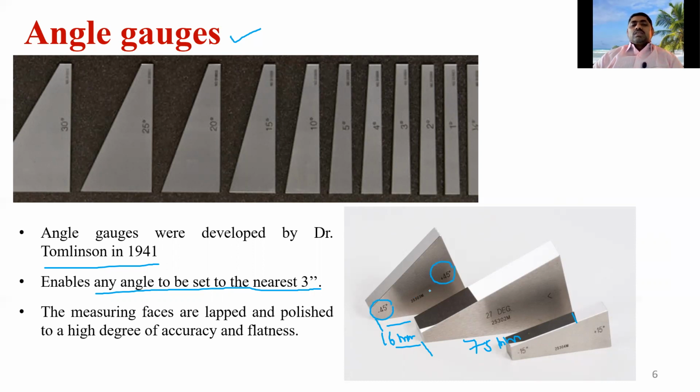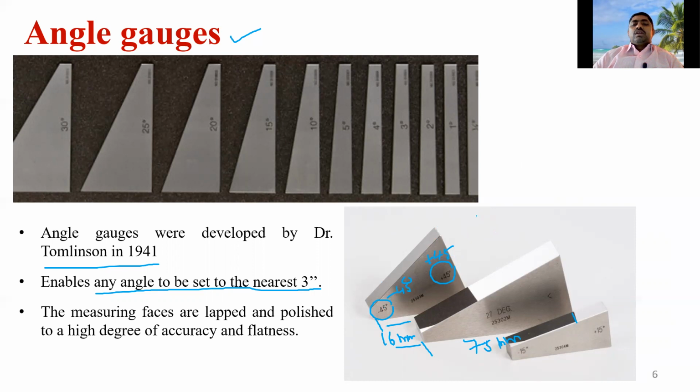These angle gauges can be used for adding angles, or for subtracting angles also. We have both positive and negative angles. The positive angles are used for adding, and a negative angle is used for subtracting the angle by keeping the gauge in the opposite direction.